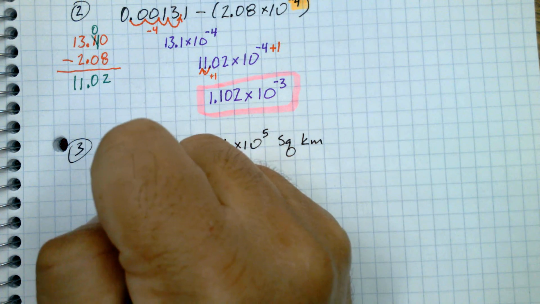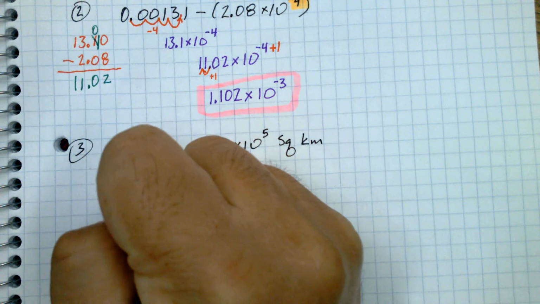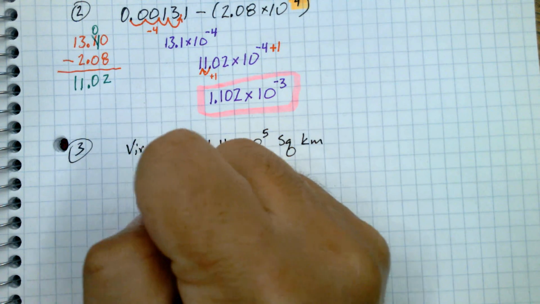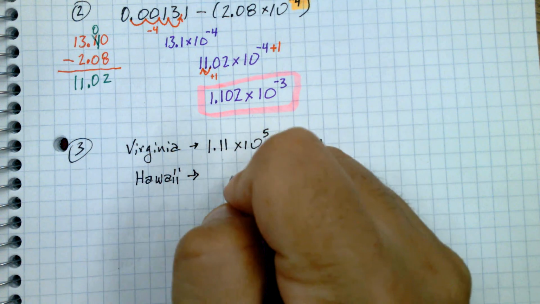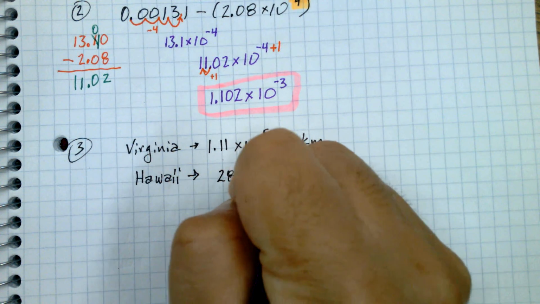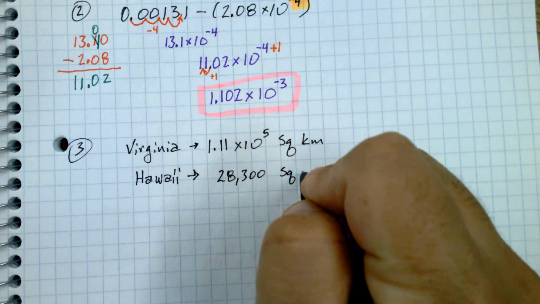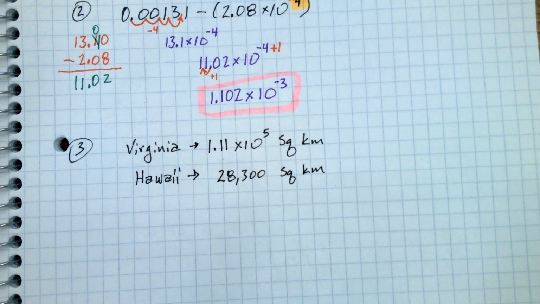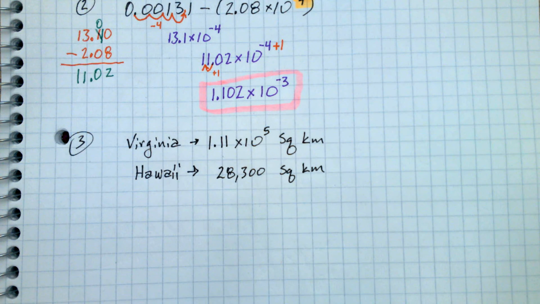Hawaii. Has anyone ever been to Hawaii? It's an island, as we all know. Well, it's 28,300 square kilometers, I'm sorry. So that's the area coverage for Hawaii.